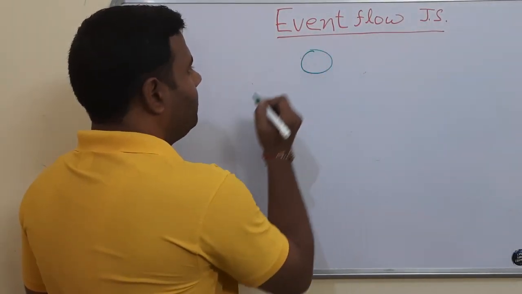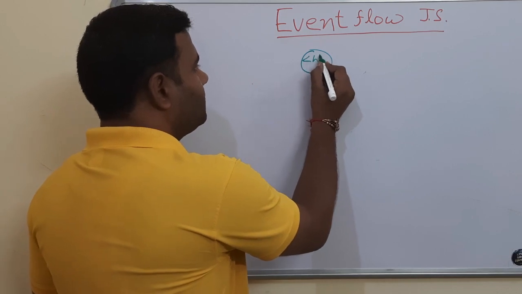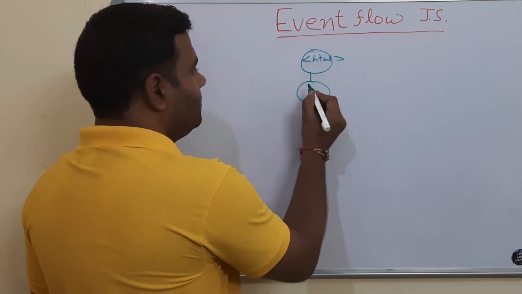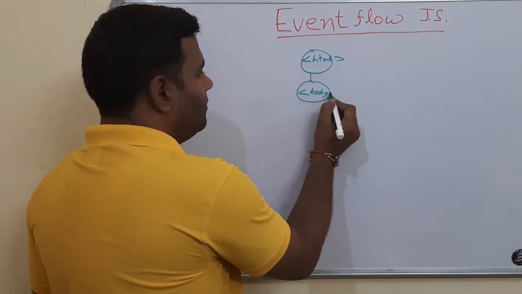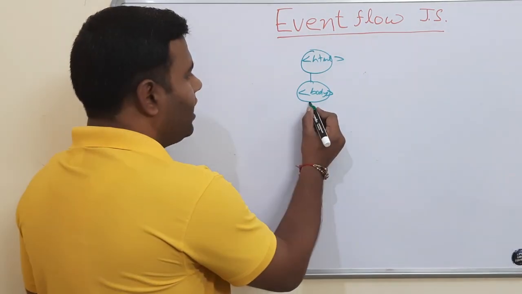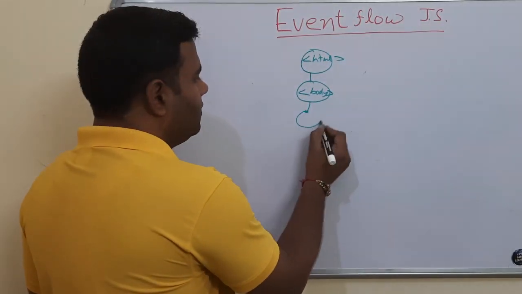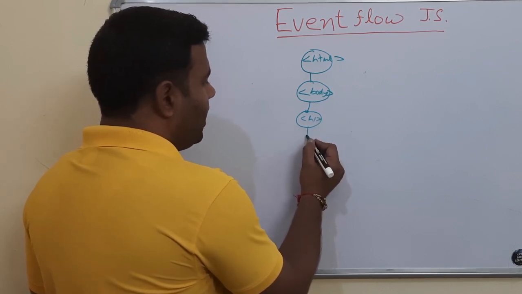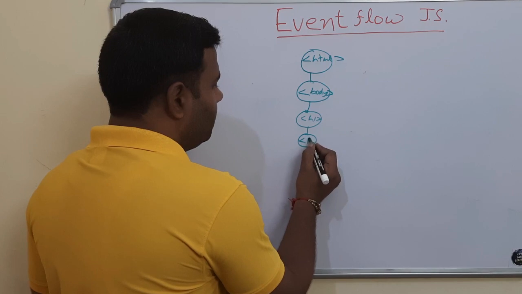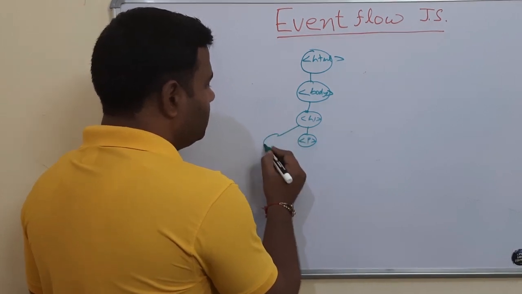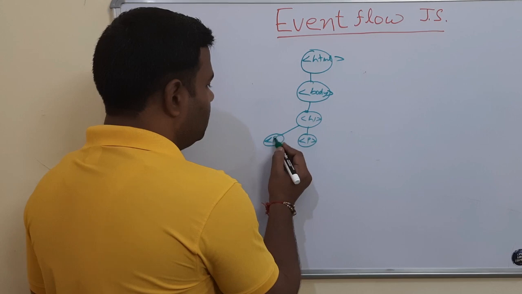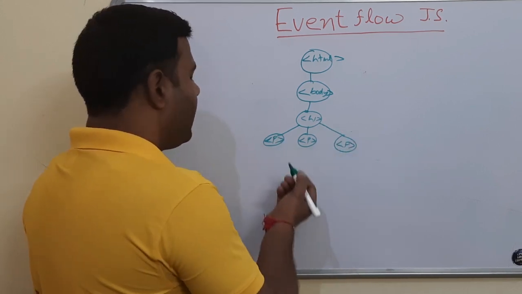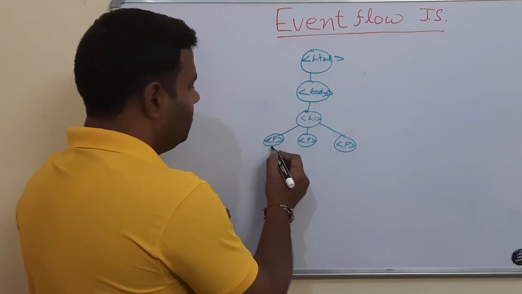So at the top you have your HTML tag, then you can have the body, and within the body, let's say you have some h1, and after that you have, let's say, some paragraph, and maybe multiple paragraphs, and within a paragraph, let's say you have some div.